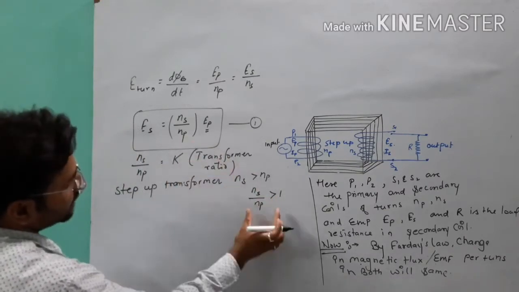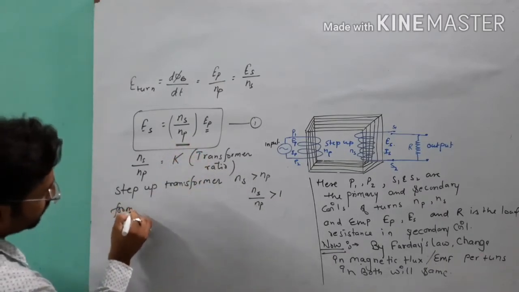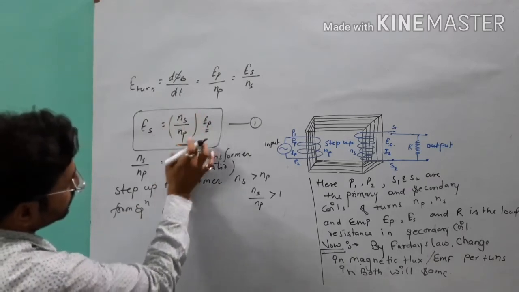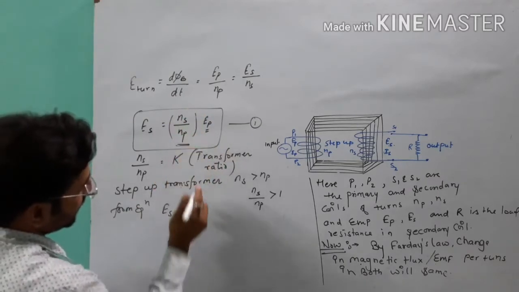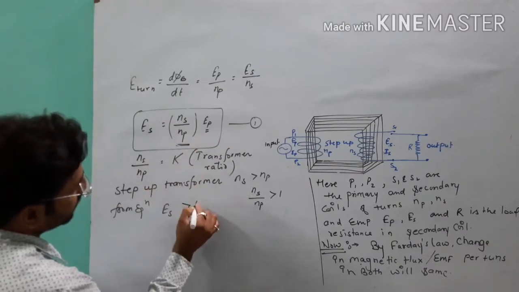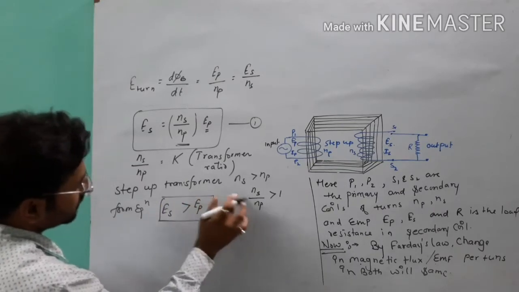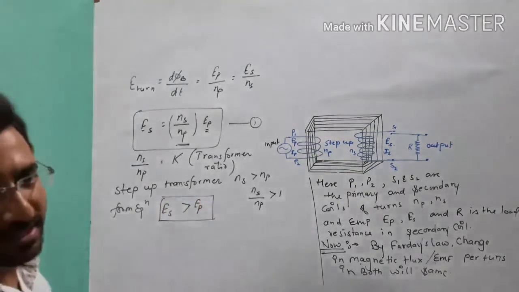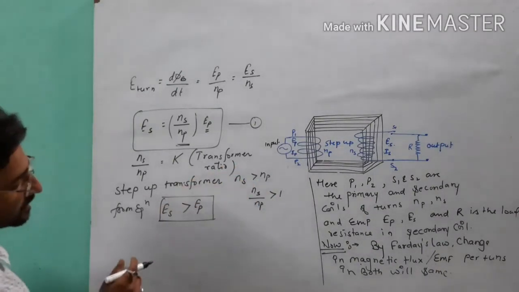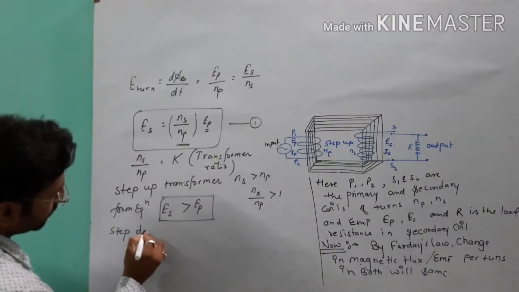If we apply this value in equation 1, then ES is greater than EP. In a step up transformer, the output voltage is greater than the input voltage. Next, step down transformer.